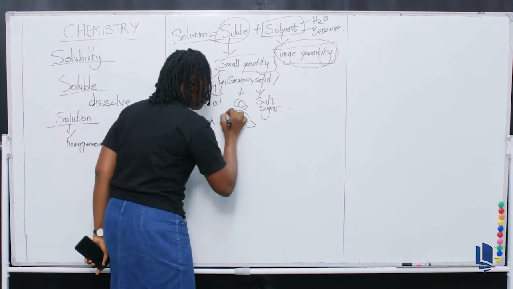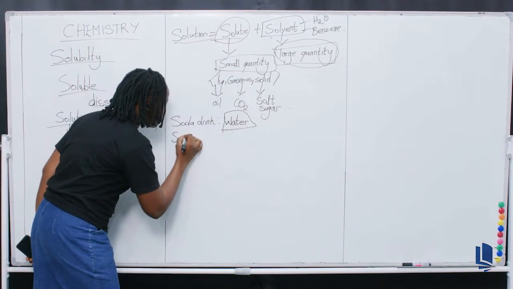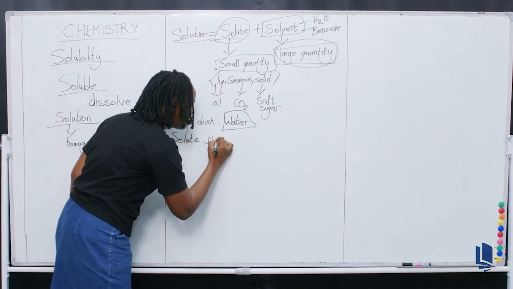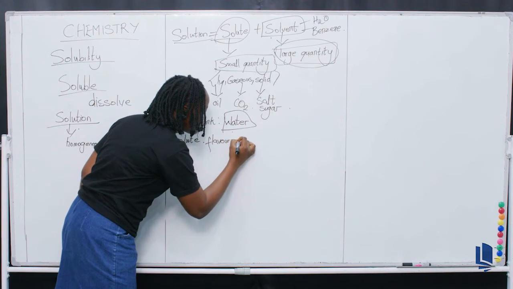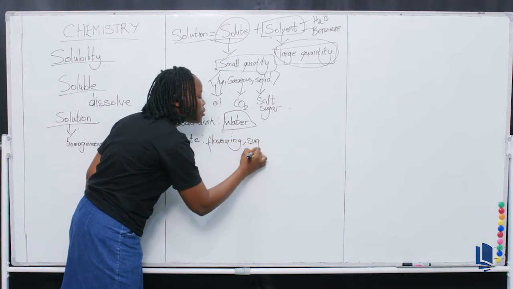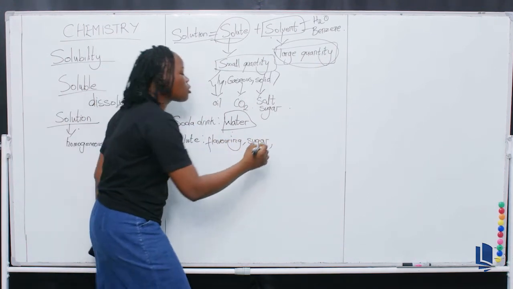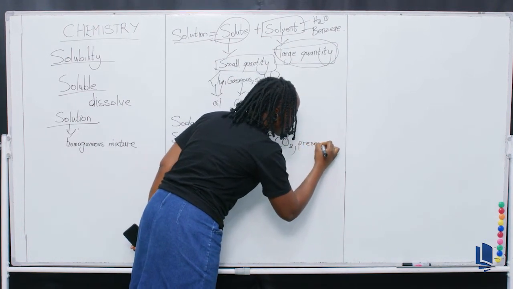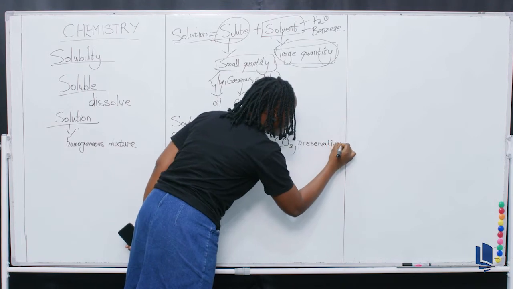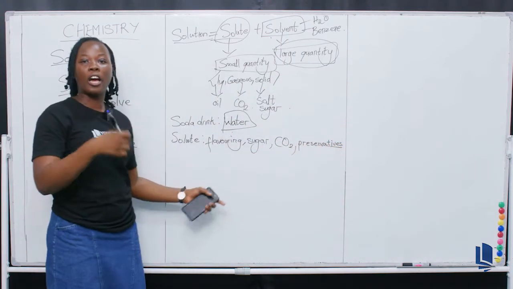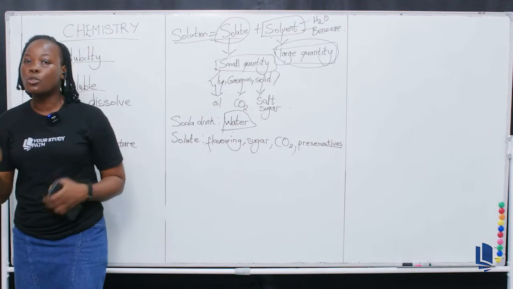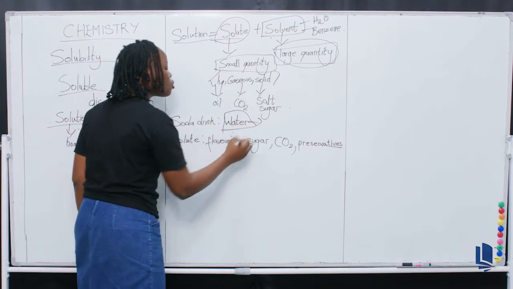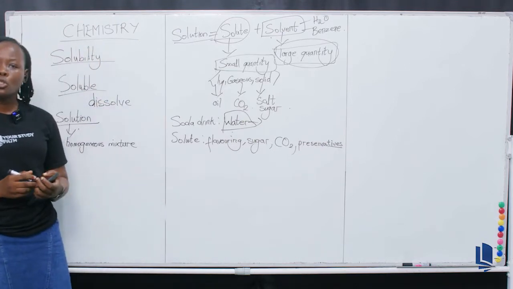So the solutes, from the flavor to sugar to CO2 to preservatives, and the list goes on and on. So there can be more than one solute in a solution, but there would only be one solvent.